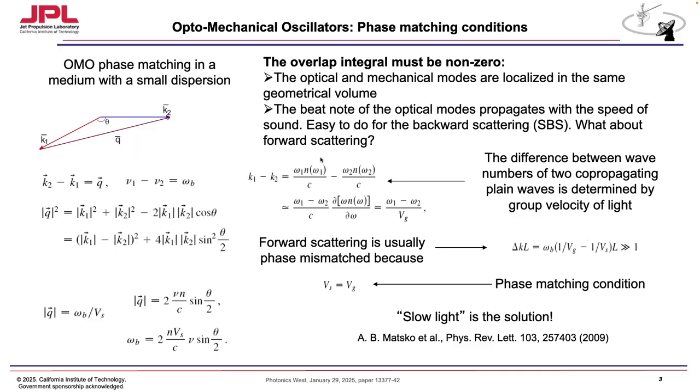In other words, if we have this particular configuration, we have two optical beams creating a beat node that propagates with group velocity in the material. And group velocity of the material can be very small. It's not phase velocity. As you know, a long time ago, people achieved in an atomic medium group velocity smaller than even the walking speed of a person.